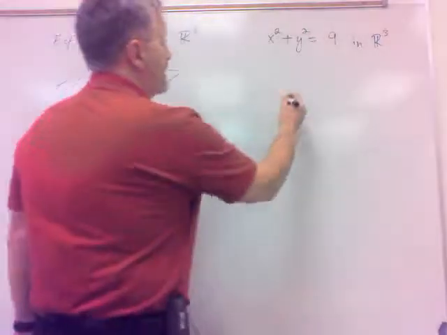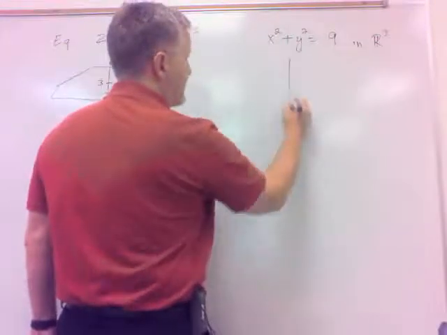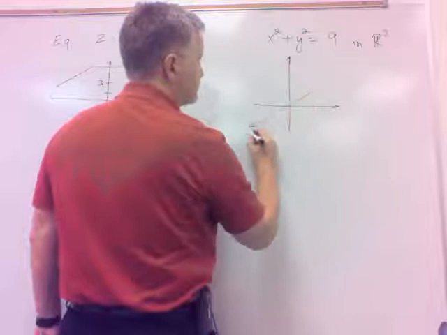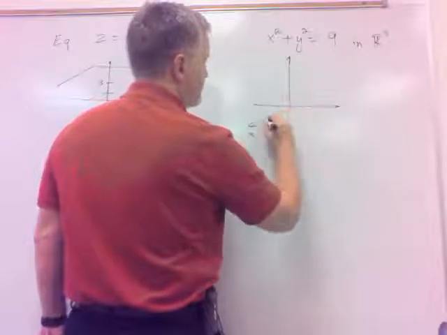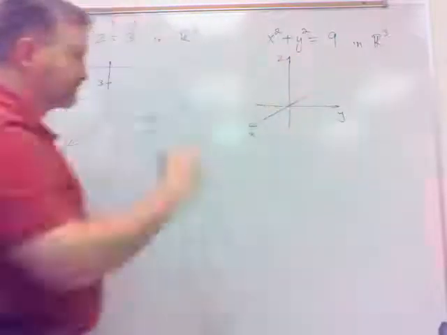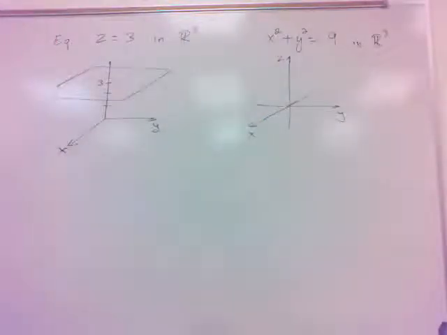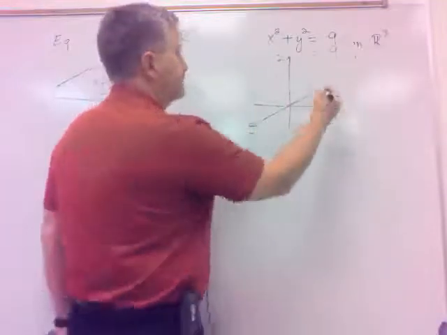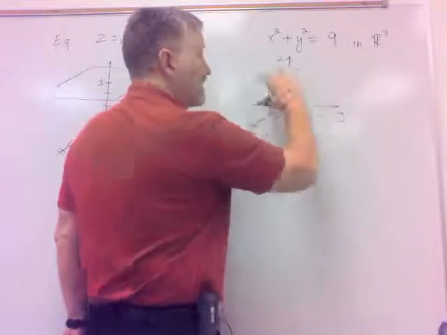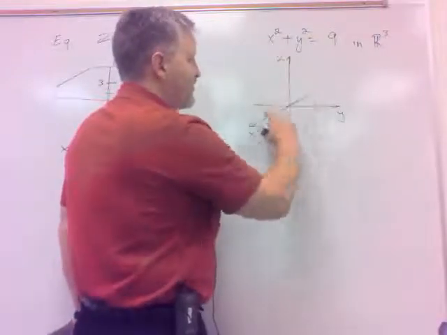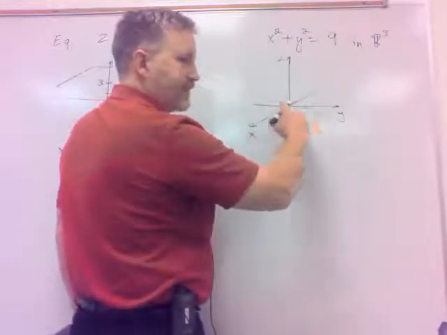If you think about it here, in 2 dimensions, that's a circle with radius 3. When we go to 3 dimensions, though, in the 2-dimensional case, that would be the xy plane.